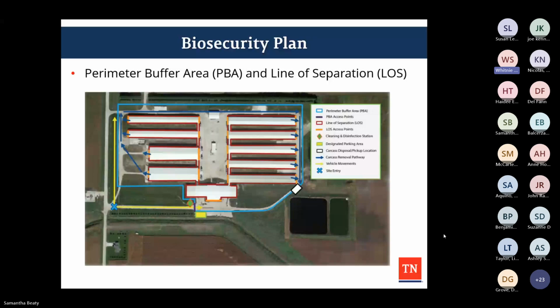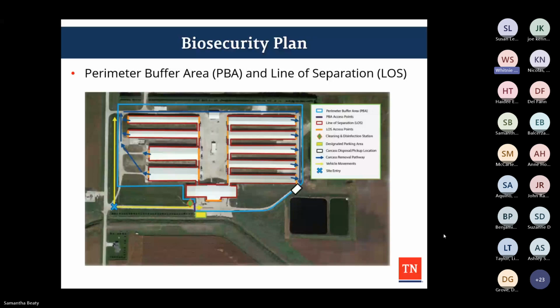This is also an example of what we would want to see demonstrated in an enhanced or a site-specific biosecurity plan. When we're talking about permitted movement, controlled movement, and being able to demonstrate your enhanced plan for that specific site, this is at minimum what we would want to see, because it shows us that you have a plan in place for how people, trucks, everything is coming onto a farm, how things move through a facility, and that you have these critical access points, making sure people are following appropriate biosecurity plans.